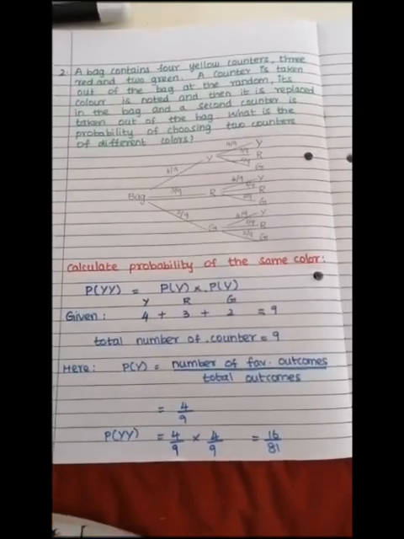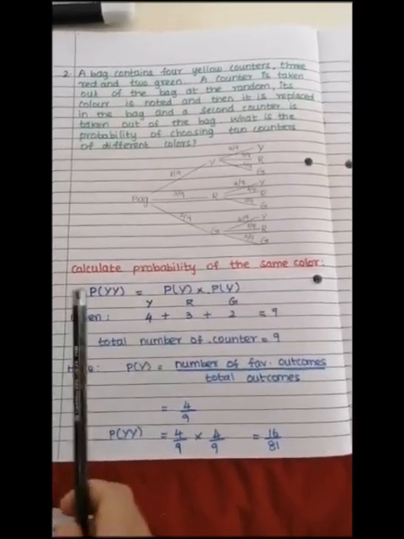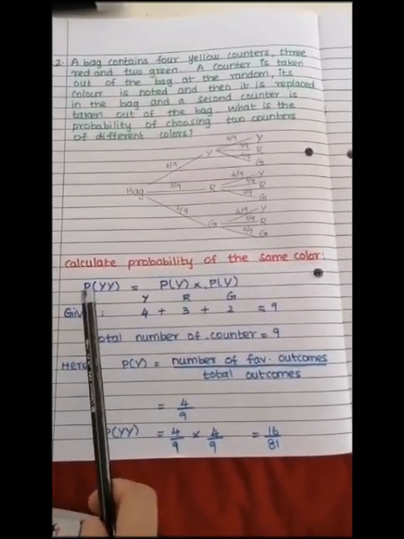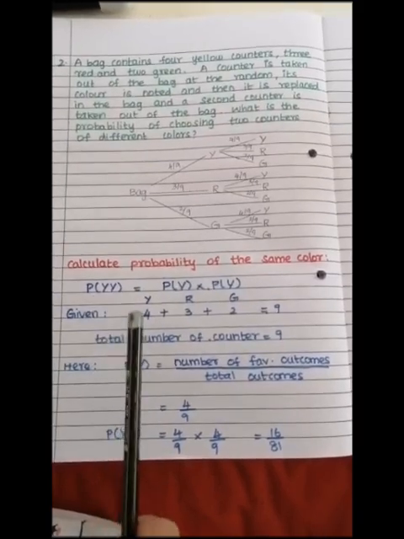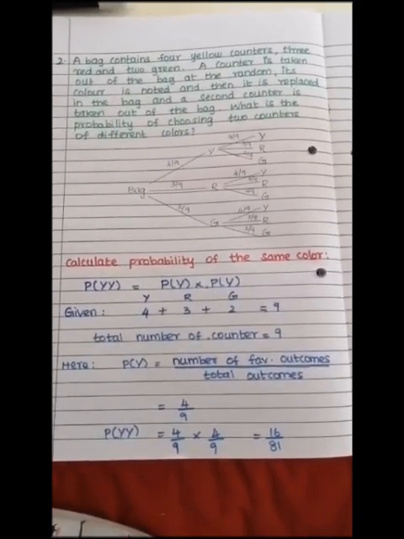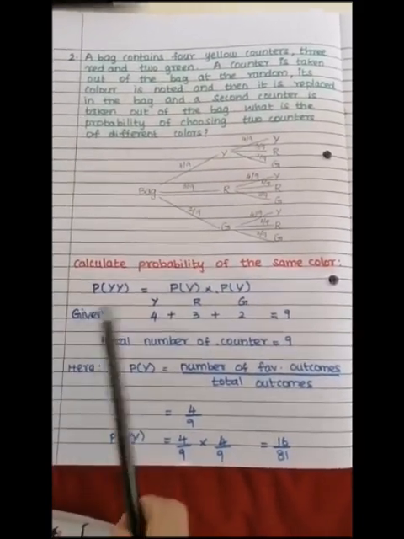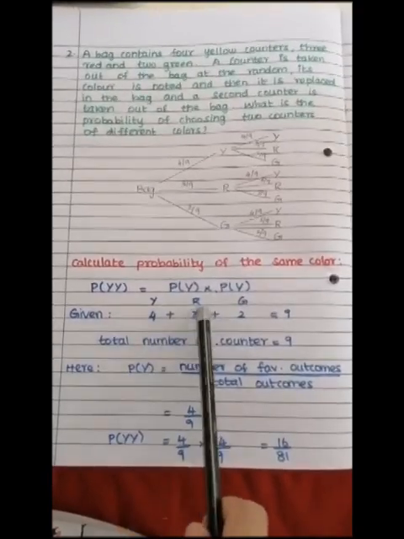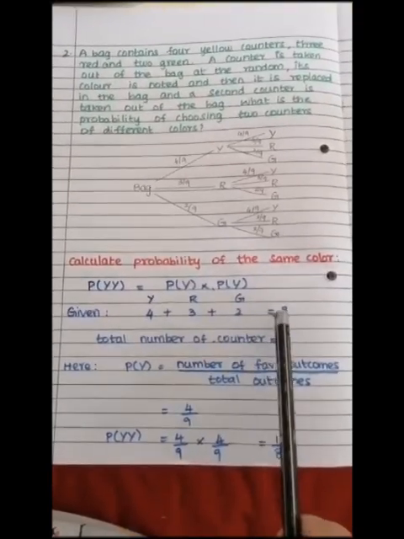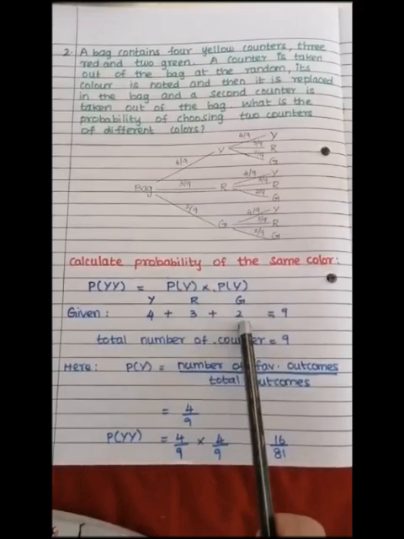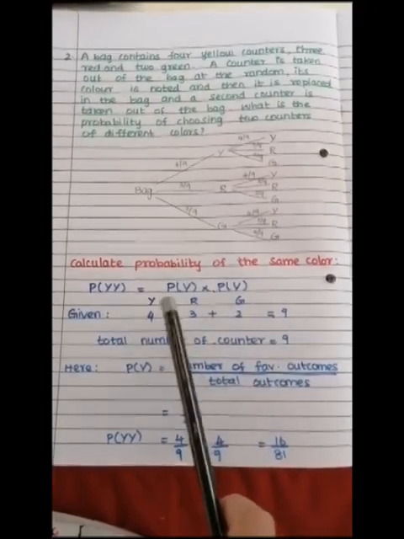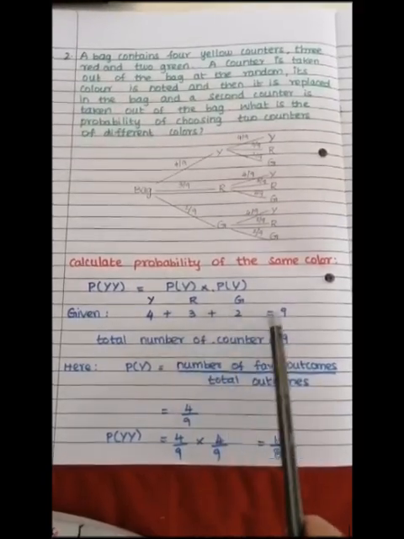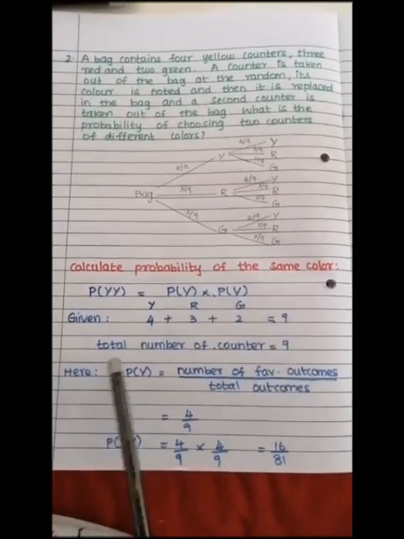Let us see step by step. To find the probability of the same color, we first take the given details: 4 yellow, 3 red and 2 green, so the total number of counters is 9.